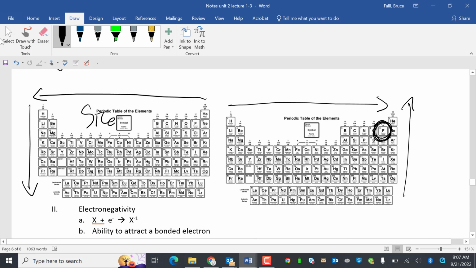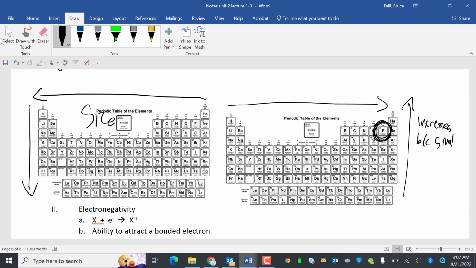This is more attractive, increases because smaller, because fewer energy levels, right? Also, smaller leads to more attractive.